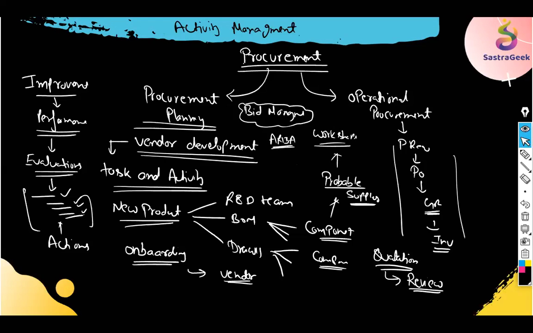If you want the complete vendor onboarding module, you can go ahead with Ariba. If you want bid management, you can go ahead with Ariba. But a few small functionalities, like activity and task management and vendor evaluation, have been given within S4HANA.